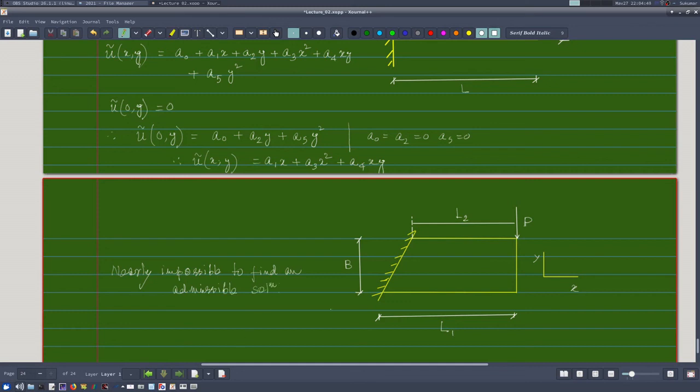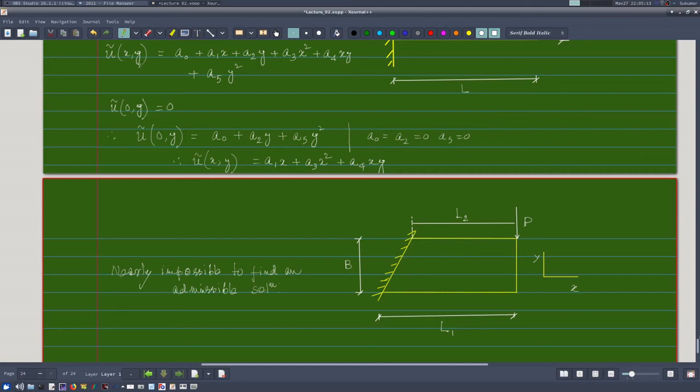And that is why it is very difficult, if not impossible, to apply the classical Galerkin's method for slightly more complicated geometry. This is a relatively simple problem, just a cantilever plate, but even for that, it is extremely difficult to find the admissible solution.